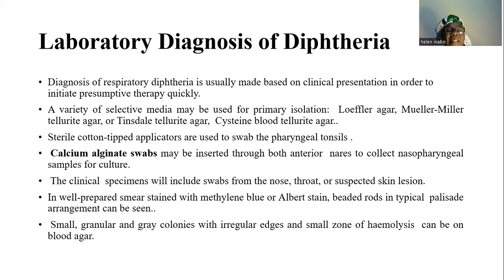In a well-prepared smear stained with methylene blue or Albert stain, there are beaded rods in typical palisade arrangement. Small granular gray colonies with irregular edges and a small zone of hemolysis can be seen on blood agar.